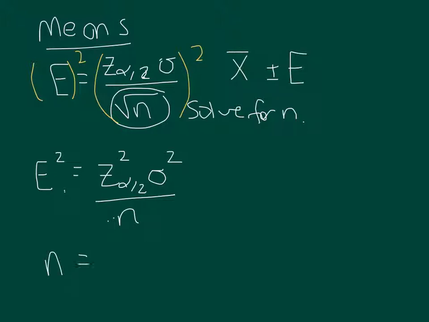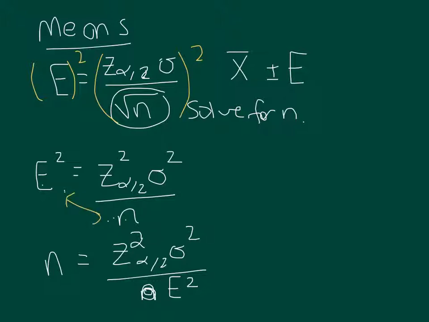We get n equals z alpha over 2 squared times sigma squared, divided by E squared. So this is the formula we're going to use for means: n equals z squared alpha over 2 times sigma squared over E squared. The big thing to note here is that we really need to know sigma in order to use this formula.